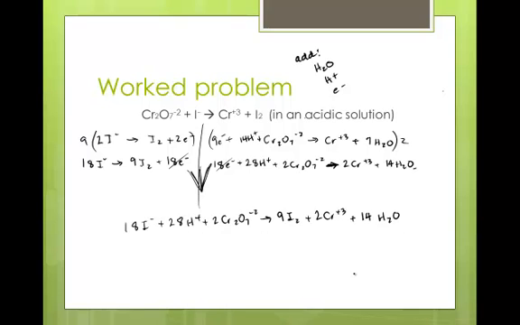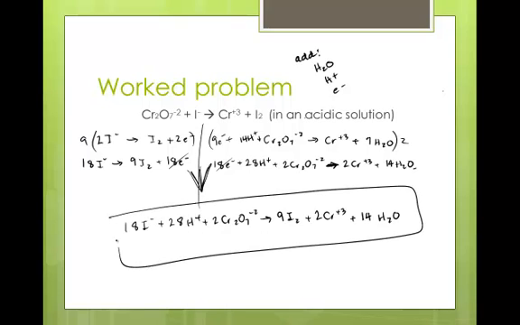And that is the balanced equation. Notice in the original we don't have any hydrogens, we don't have any waters, and we have to add them in as part of that. So we write the 2 half reactions, we balance them for electrons, and we re-add, and that is the half reaction method.